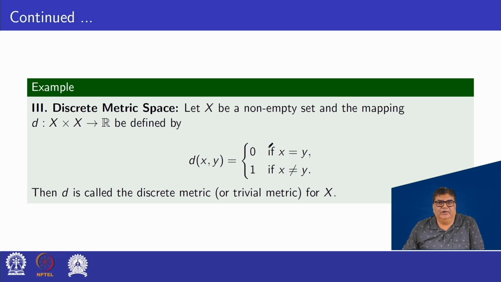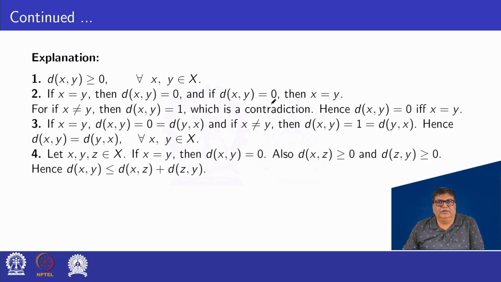Because here dxy is 0 if x is equal to y, and again reverse, if x is equal to y, that is dxy is equal to 0. So this condition for x is equal to y is true both ways. For if x not equal to y, then dxy is equal to 1, which is contradiction. Hence dxy is equal to 0 if and only if x is equal to y.